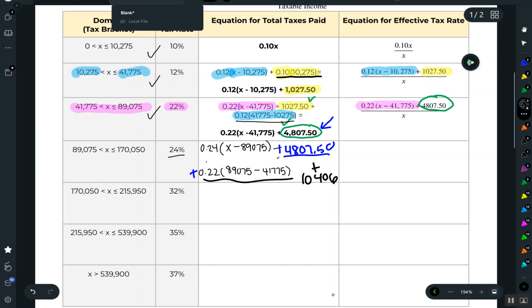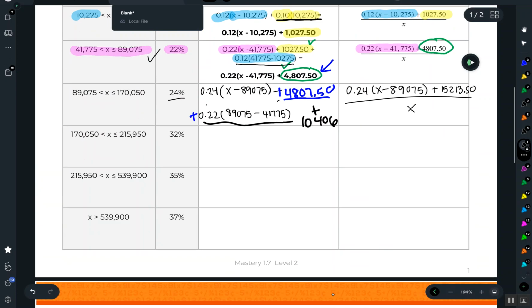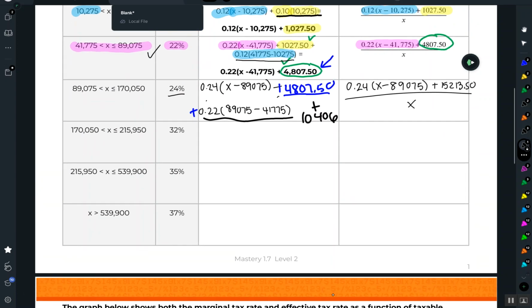Plus 4807.50. So that's going to give me this first part with the x plus $15,213.50 divided by x. You just have to repeat this process all the way down to the bottom.